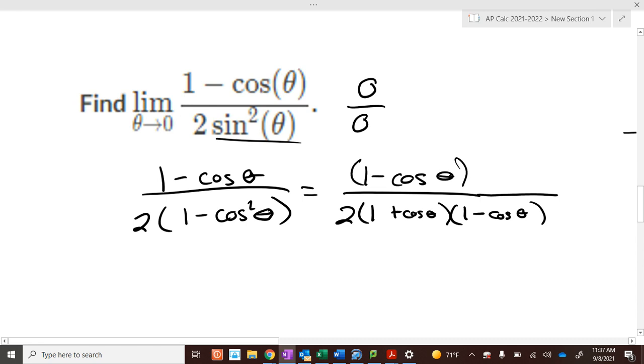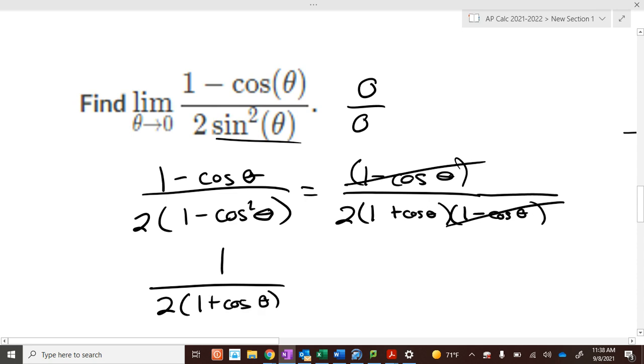Oh, look, they cancel. Oh, I remember this. 1 is on the top over 2 times 1 plus cosine of theta. Unit circle.